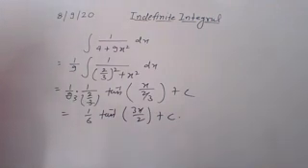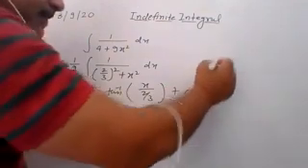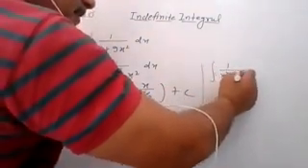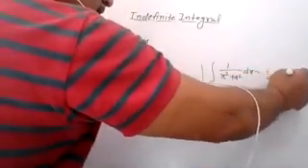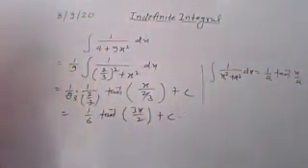Children, is the question clear? Sir, please repeat. Yes, sir. Okay, look, what is the formula that was given here? Just compare it: integration of 1 upon x square plus a square dx is equal to 1 upon a tan inverse x by a plus c. This is your formula. Understand?